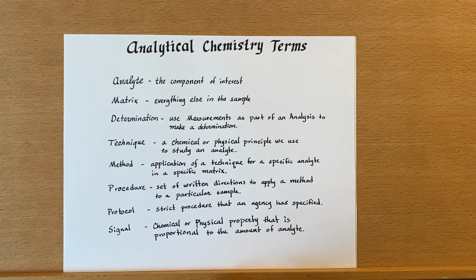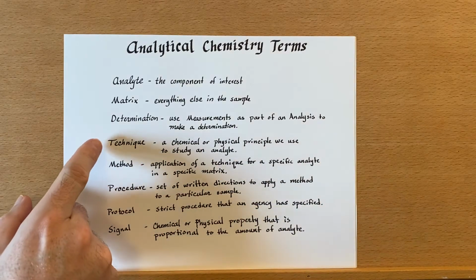A physical principle would be something like the color of the chemical. Say we have something that absorbs blue light. We could use this principle to determine the concentration using spectroscopy. And spectroscopy would be a particular technique.